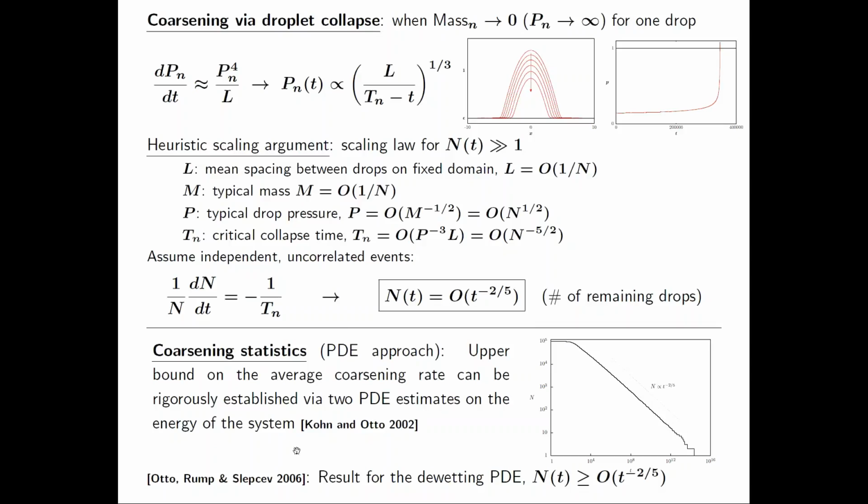Based on the conservation of mass and the dissipation of energy, Kohn and Otto have shown rigorously with a PDE approach that there can be bounds on this kind of coarsening rate, or average coarsening rate. They studied that for the Cahn-Hilliard equation, but their results can also be applied to this problem and give this prediction, which matches very nicely with the numerics I had done with Karl Glasner.